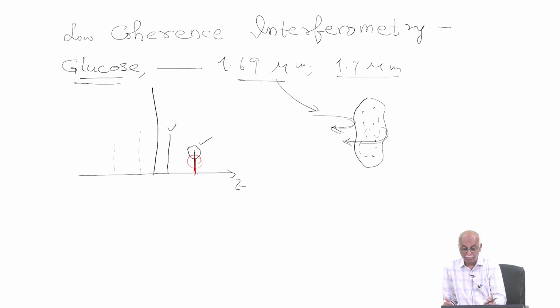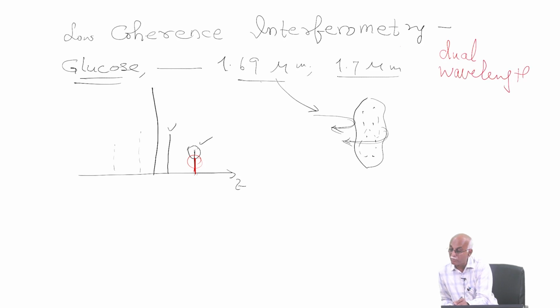It can capture up to a few tens of milligrams per deciliter of glucose. So, this is based on low coherence interferometry with dual wavelength. Okay. Why do we use dual wavelength? Because what we do is we use, let us say, 1.69 micrometer and, let us say, 1.5 micrometer wavelength or 1.6 micrometer.